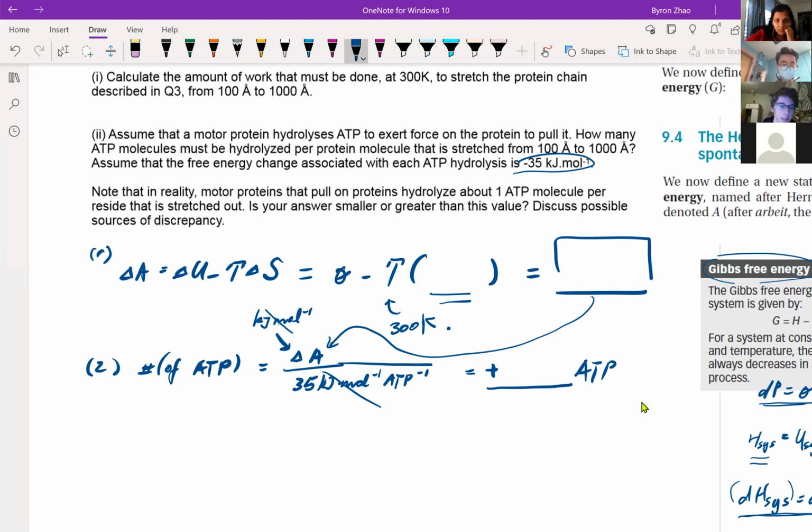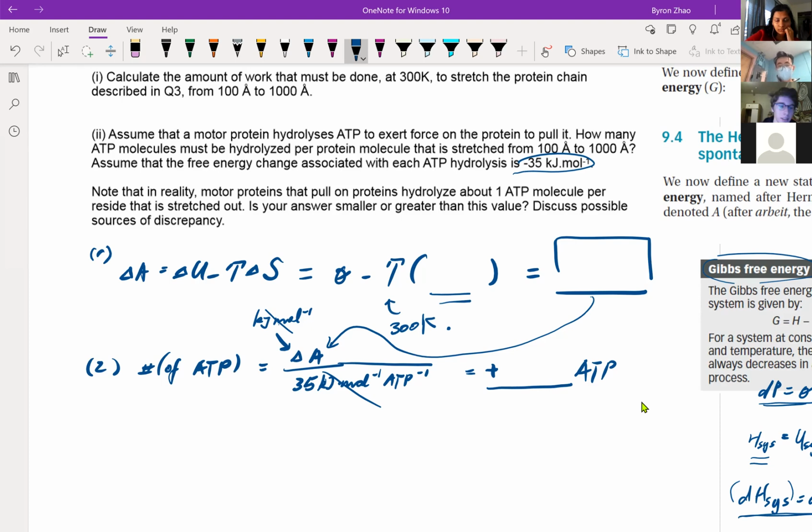There are several reasons that can contribute to this. The first thing is that the model we're using is a very simplistic model, and the discrepancy can come from us using only an approximation to calculate the number of ATP. The second reason is that a lot of the energetic stabilization of the protein polymer is being ignored.